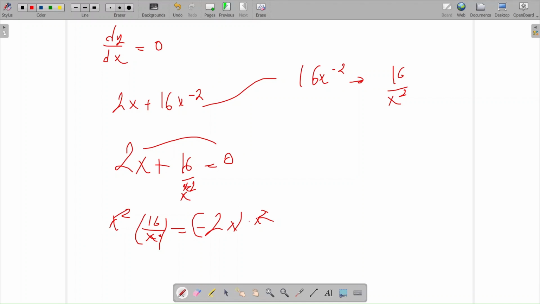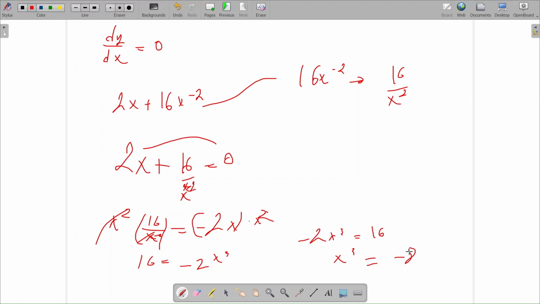This x squared will cancel with this x squared. So this is gonna be 16 is equal to negative 2, and x squared with x makes x cubed. So negative 2x cubed, let's just rearrange, is equal to 16. Divide by negative 2: x cubed is equal to negative 8.